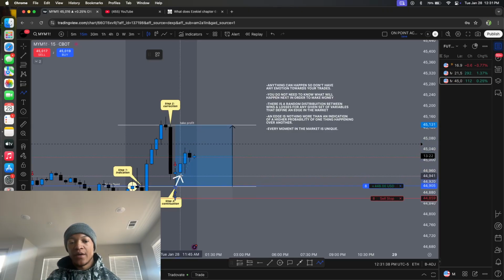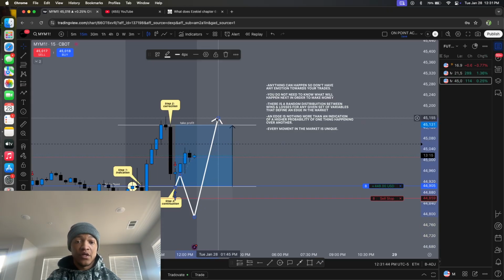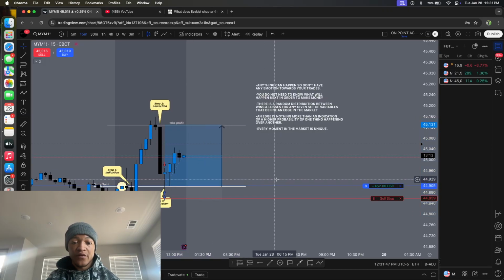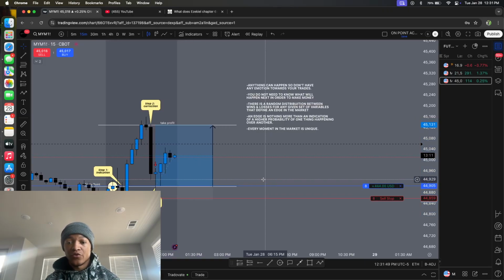Tomorrow could come in and price could push up and come stop me out and continue to push. Or it could come stop me out and then give the move. It could do anything. All you have to do is, if you have an edge, trust your edge, trust your strategy, follow your rules, use proper risk management, and protect your mentals. And whatever happens from there happens.